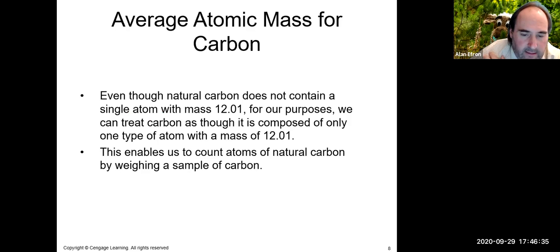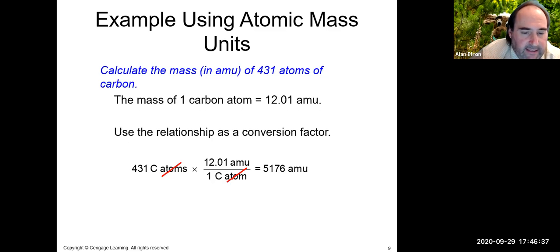All right. So again, we could do some calculations in AMU here. So if we had 431 atoms of carbon, from the periodic table we could get the relationship that there's 12.01 AMU in a carbon atom.